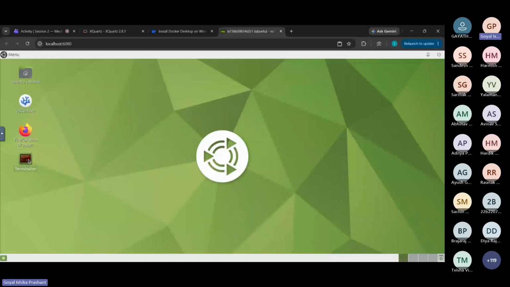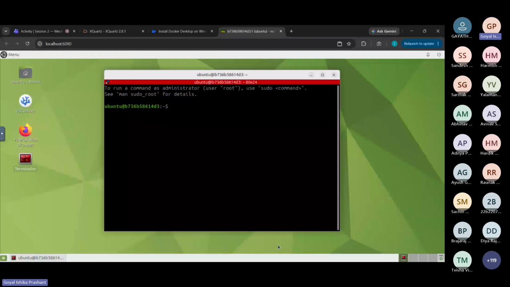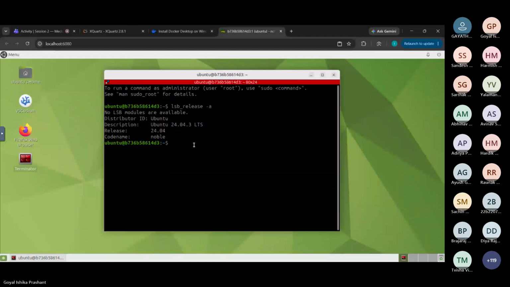Okay. So this opens up the terminal and then we can type in whatever commands that we want to run in this container. So let me just show you a few examples. So this will show you the list of all the distributors that you have installed. So it's showing details for Ubuntu.